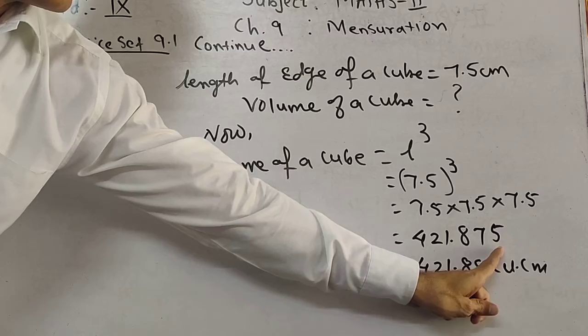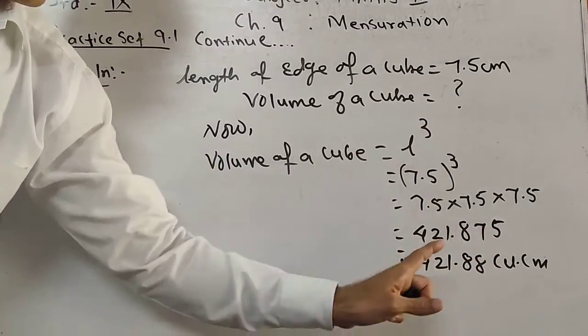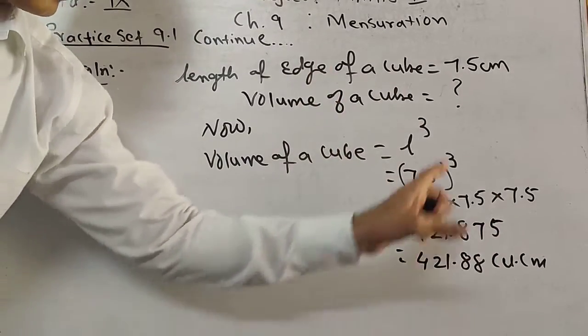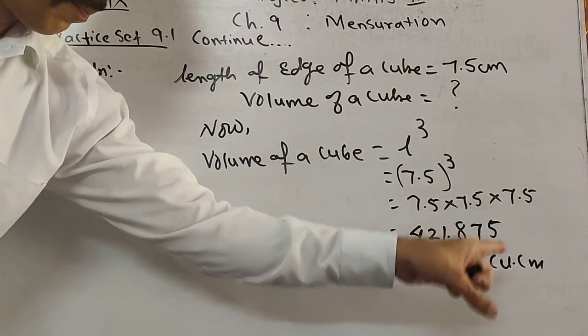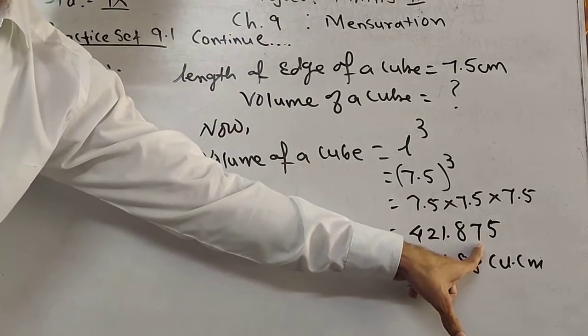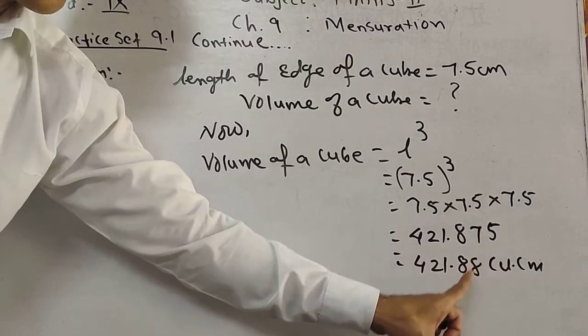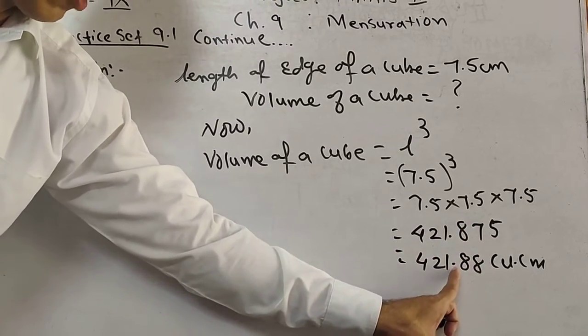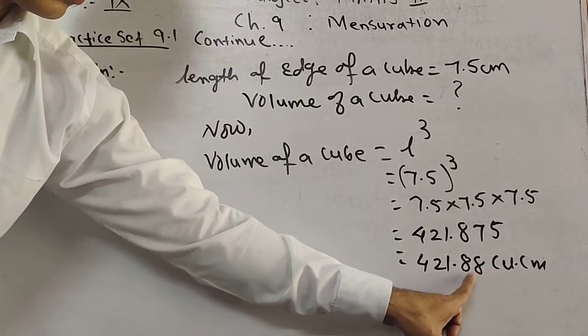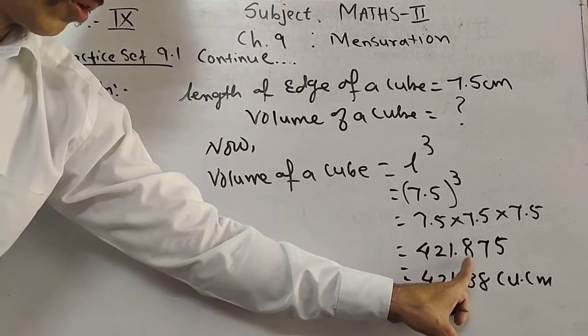If it is 5 or more than 5, then you have to drop that number and increase 1 here, so it will become 88. After the decimal point we need only 2 digits, we don't want 3 digits.